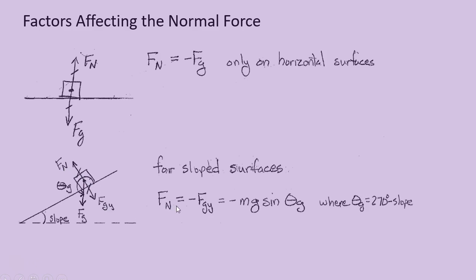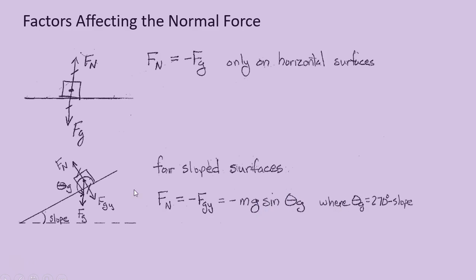So we have normal force equal to and in the opposite direction of the y component of the gravity force, and that's the mass times g, which is 9.8 if we're on or close to the surface of the Earth, times the sine of theta sub g.